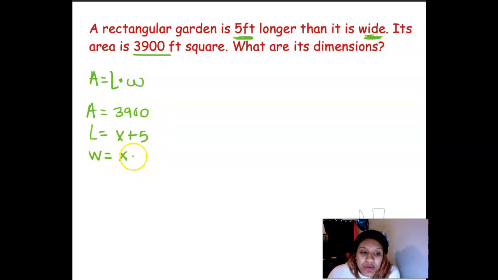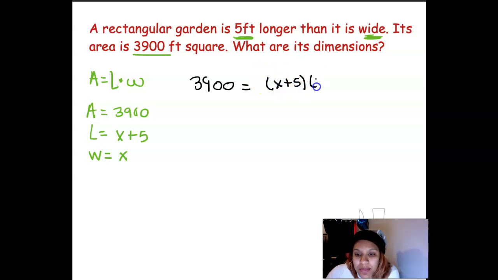Now we're going to substitute all the information we know into our formula. So we have the 3,900, which equals the length times the width. Let's go ahead and simplify this a little bit. So x times x gives you x squared. x times 5 gives you 5x, because I did distribution.